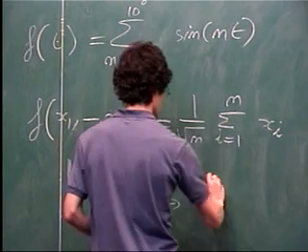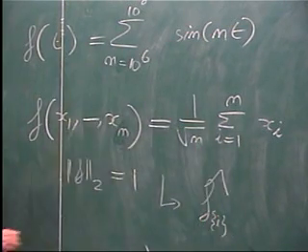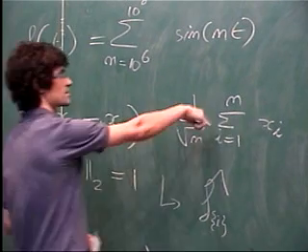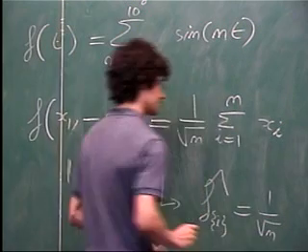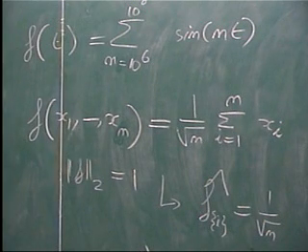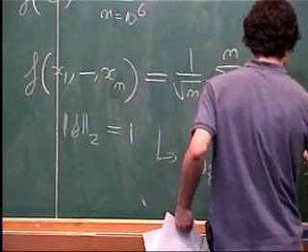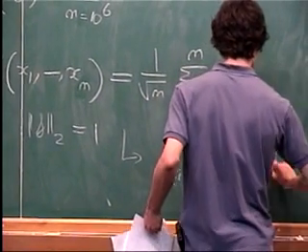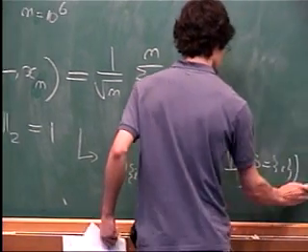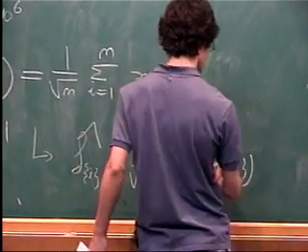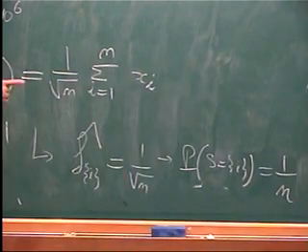And f of the ith bit is just 1 over square root of n. Okay, so the probability for this Boolean function to get a singleton is just the uniform probability on the singletons.